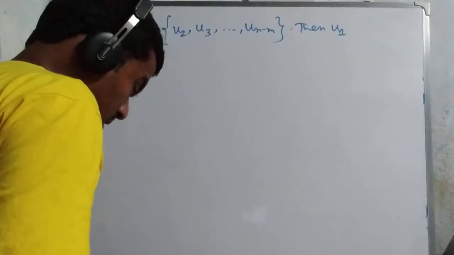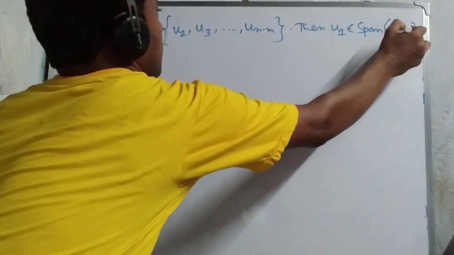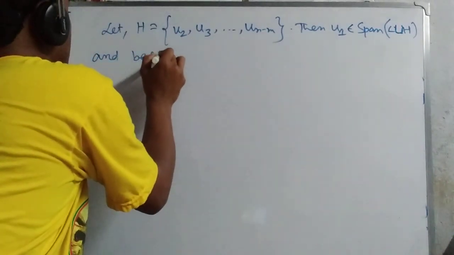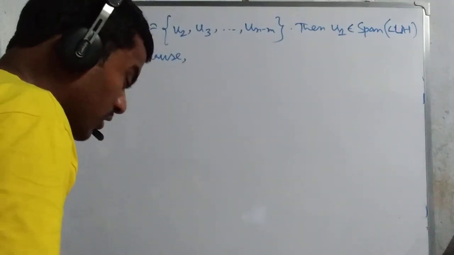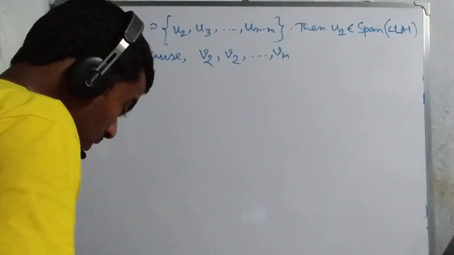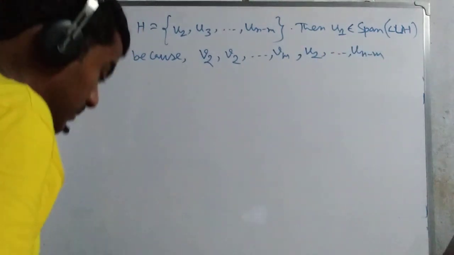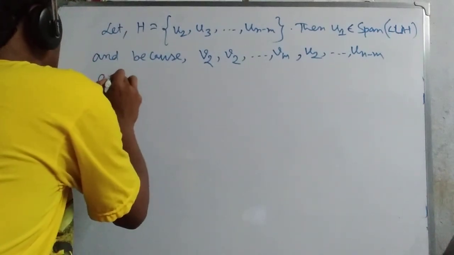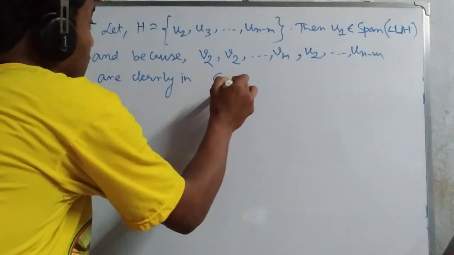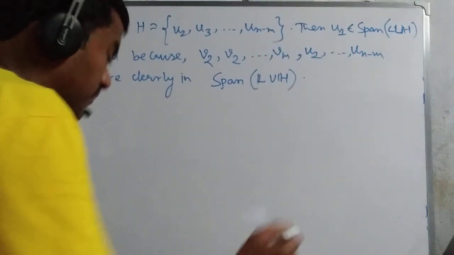Then u1 belongs to the span of L union H. And because of v1, v2, dot dot dot, vm, hence u2, dot dot dot, u(n-m) are clearly in the span of L union H.